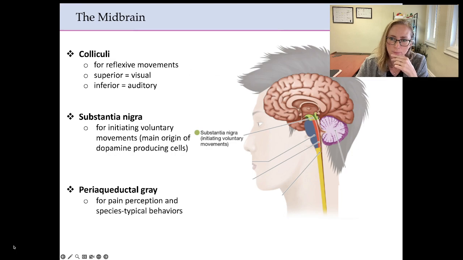So if you look here at the brain over on the right, where it's green, on the very back side here, there are 2 little bumps, and those are legitimate bumps. So I'll have another slide that I show where you can really see that. Again, there's 2 each, 2 on the top and 2 on the bottom. The ones on the top, the superior colliculi, are for visual reflexes, right?